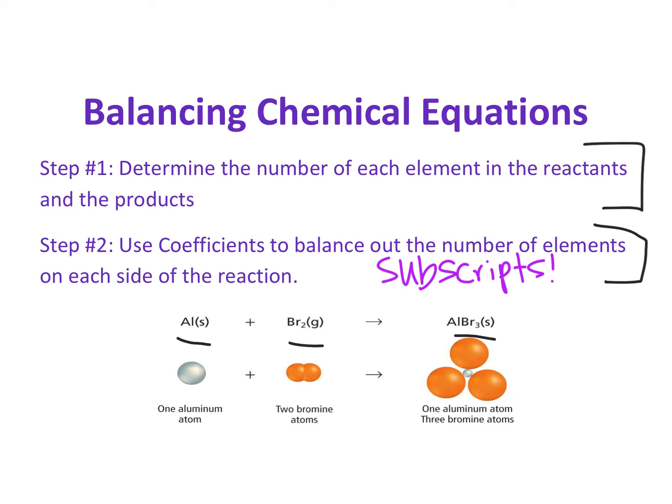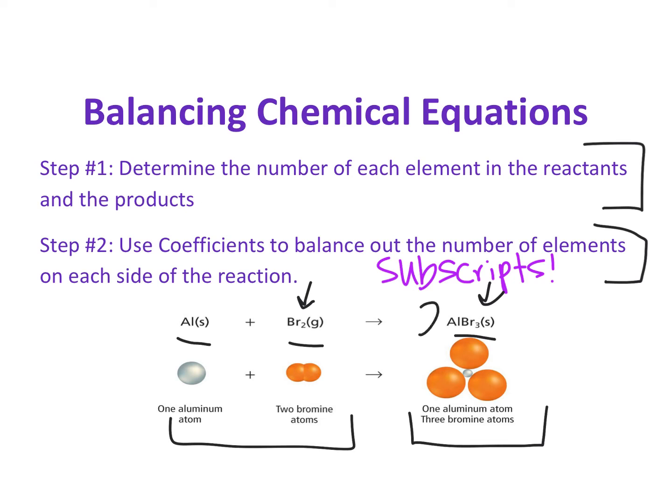So here, I've got 2 bromines, and I've got 3 bromines over here. And so having each of these coefficients be 1 would not make sense. I have to have the same number of aluminums on my reactant side as I do on my product side, and same for bromines. And right now, I have the same number of aluminum, but not bromines. So what I have to do is add coefficients.